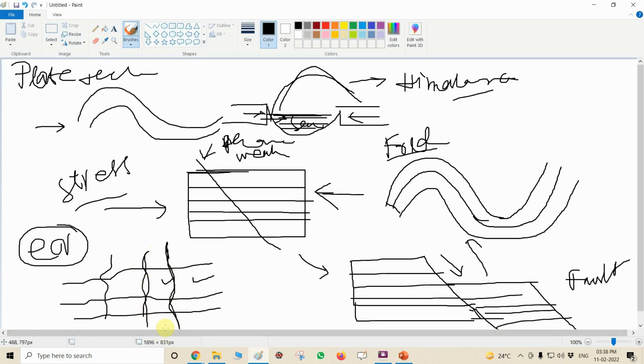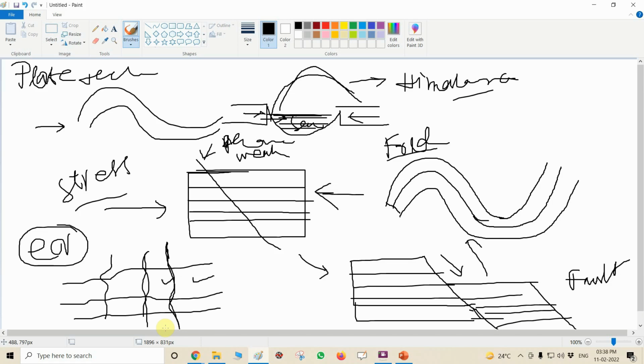Now, due to the earthquake and these things or the isostatic adjustment, the Indian peninsula, India, is surrounded by water on three sides and by continent on one side, so it's called a peninsula.